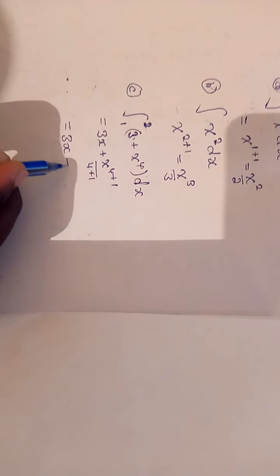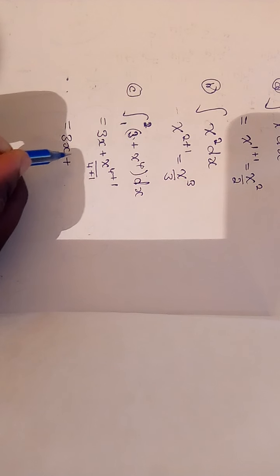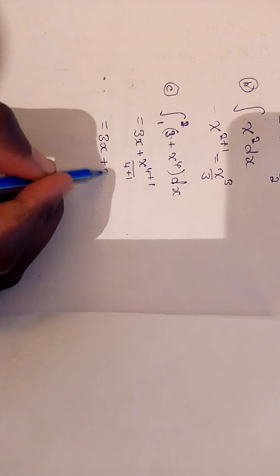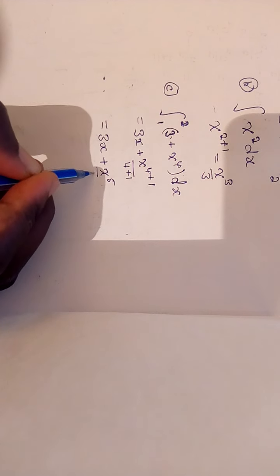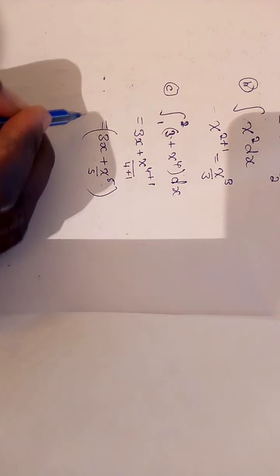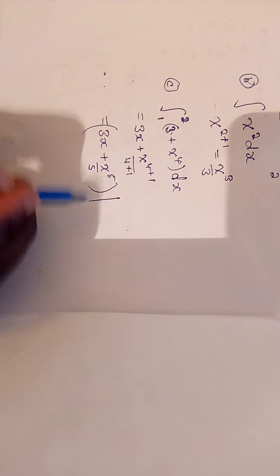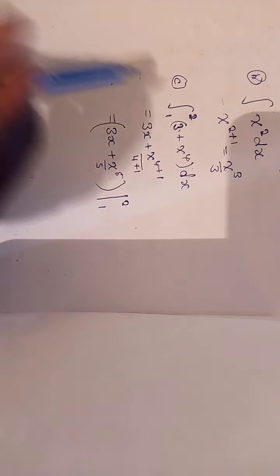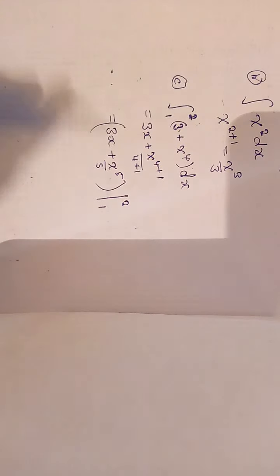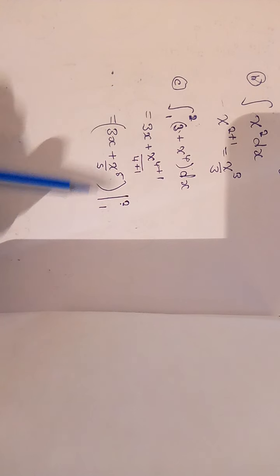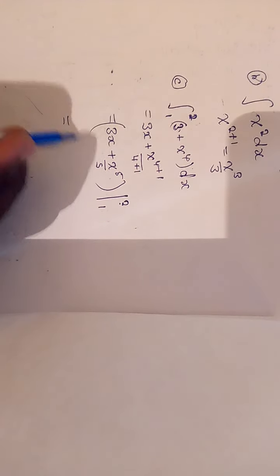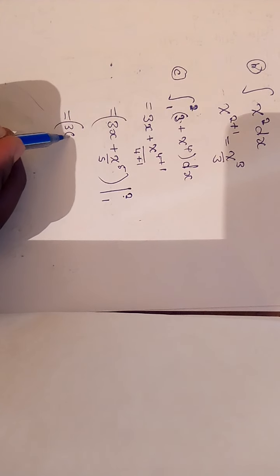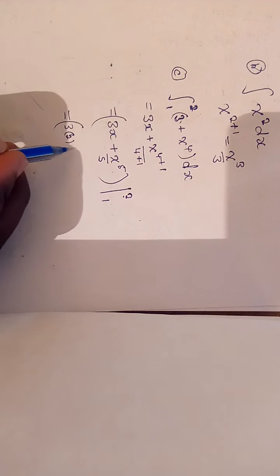3x plus x power 5 over 5. Even apply the brackets there, and you put 2 and 1 there. Those numbers which are there, we call them limits. This is the upper limit and the lower limit. Thereafter, where there is x, you put in those numbers.